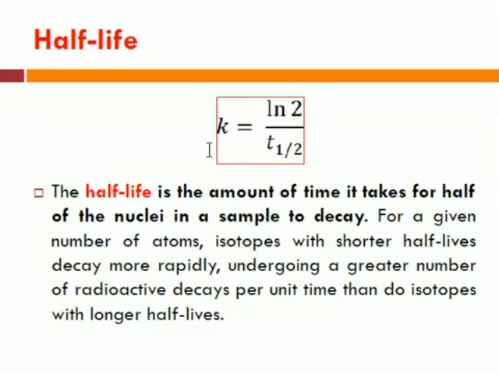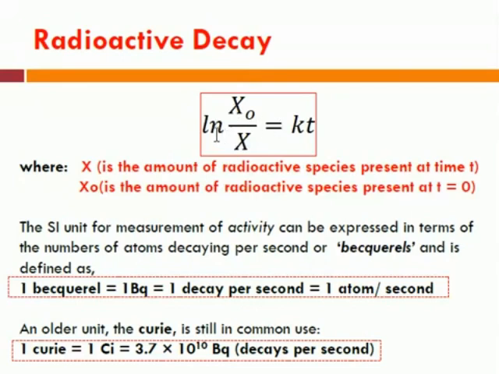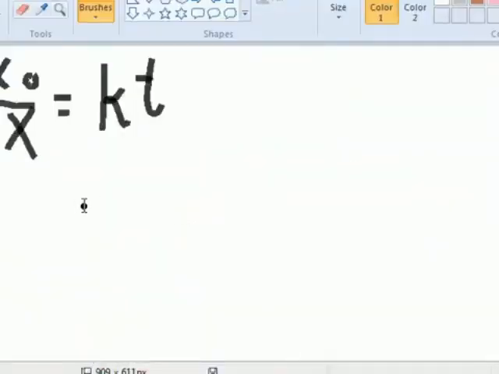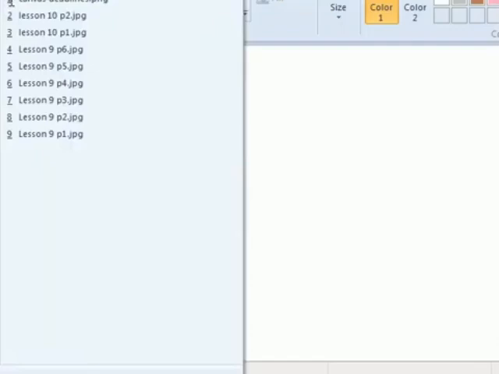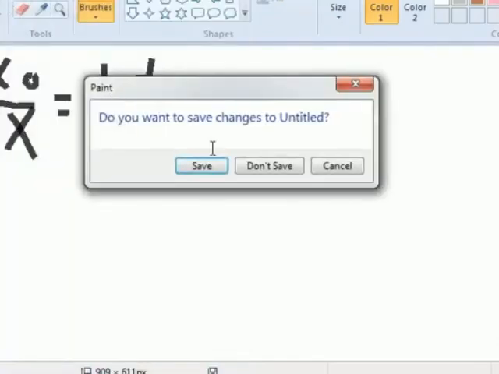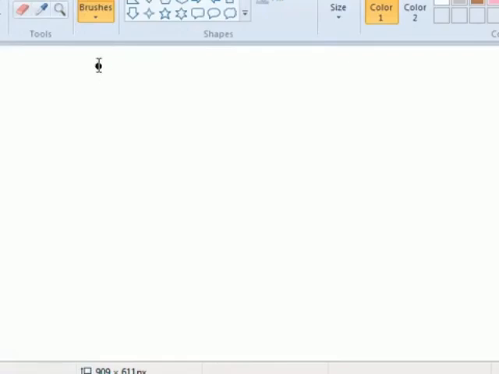Let's go back here. Where do we get this formula? We get this formula based on ln x sub O over x is equal to kt. So let's derive the formula. We have ln x sub O. X sub O is the initial amount.